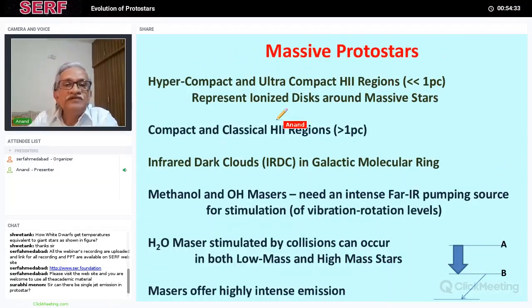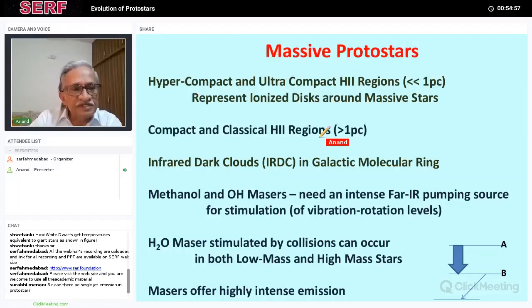Now in the massive protostars, hypercompact, this is a discovery actually. Some years back they discovered that there are hypercompact and ultracompact regions, because we have seen that classical H2 regions are a few parsec in extent, where you have a massive young star, and around that, because of the ultraviolet flux coming from this massive star, it is ionizing the hydrogen.